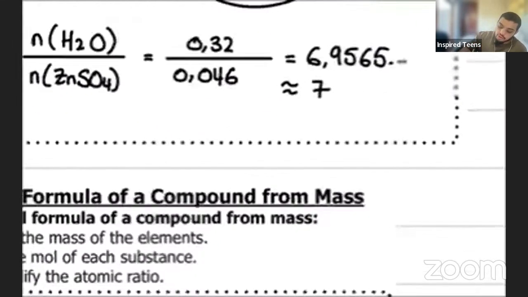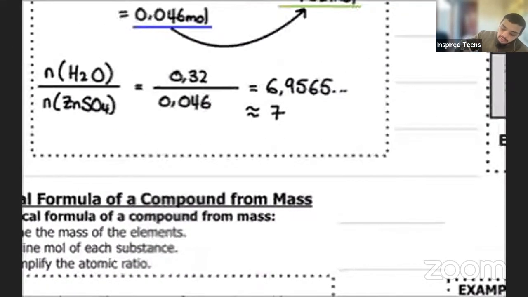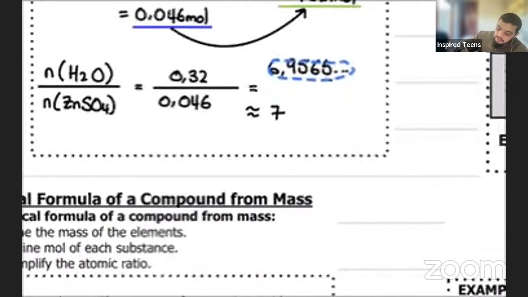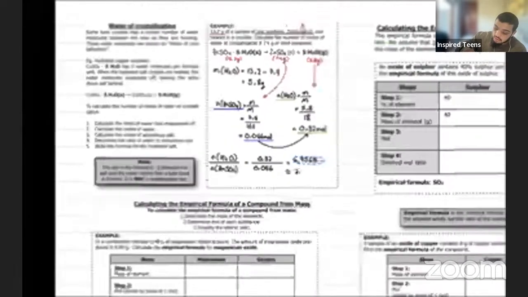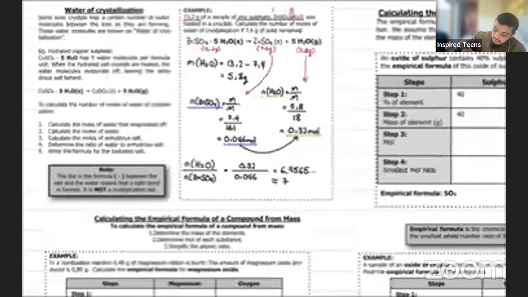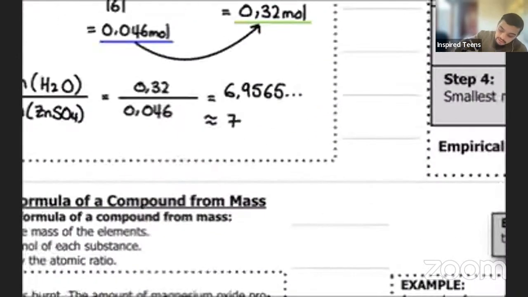You got your ratio as a. So remember, this would be 6 comma 9 or whatever divided by 1.